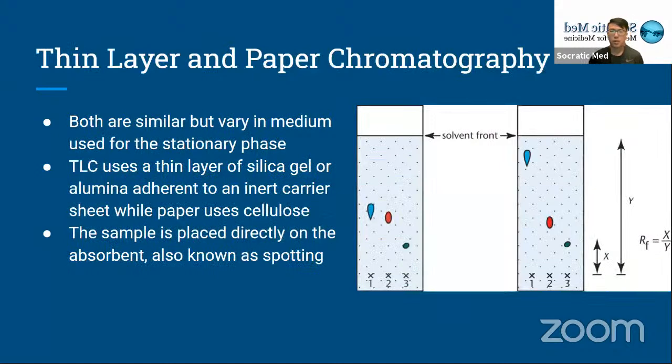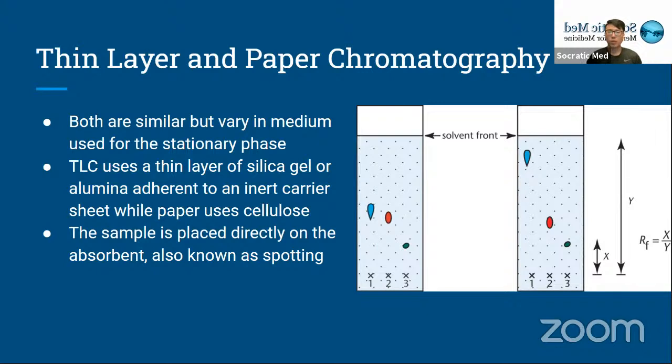So here's an example. The first example that I'm going to go over is thin layer chromatography, or also paper chromatography. Those two are very similar. They just differ based on the medium that's used for the stationary phase.